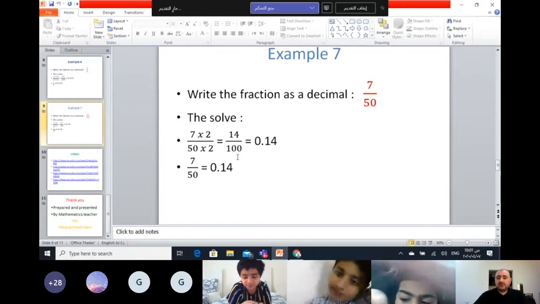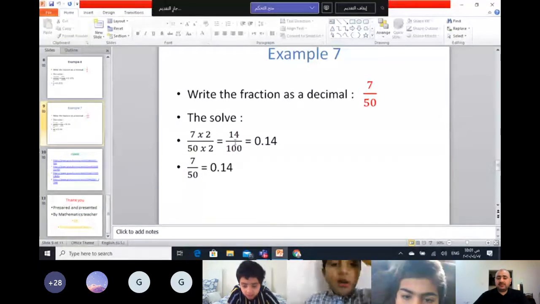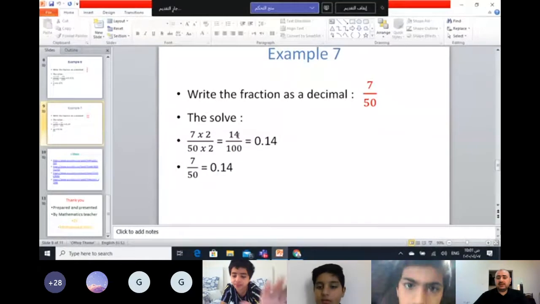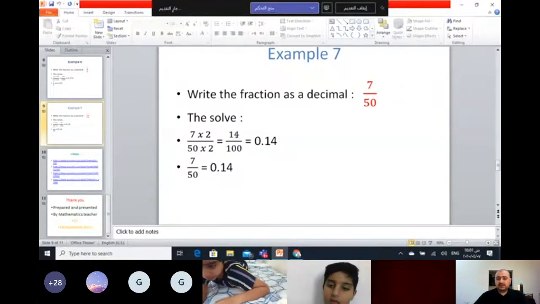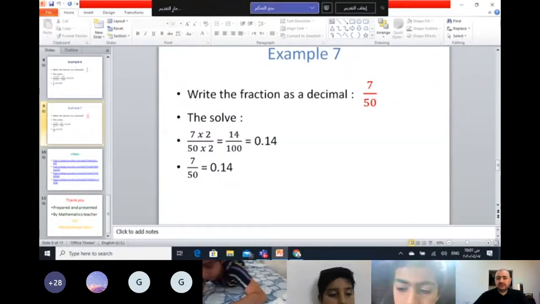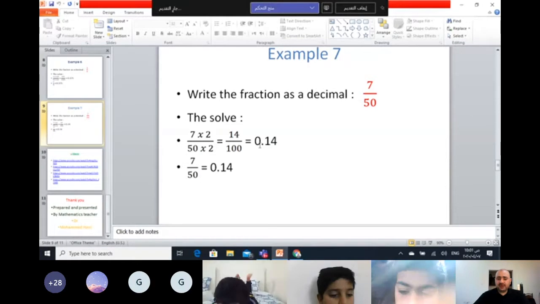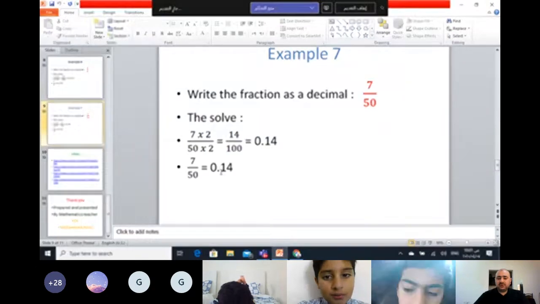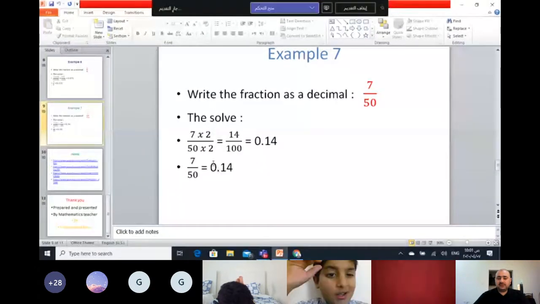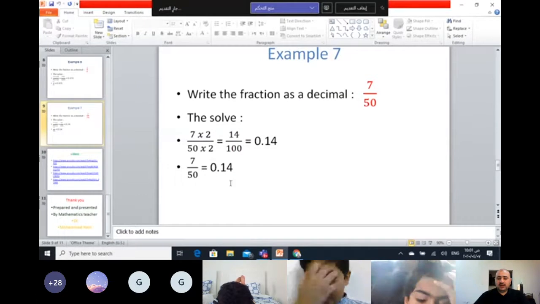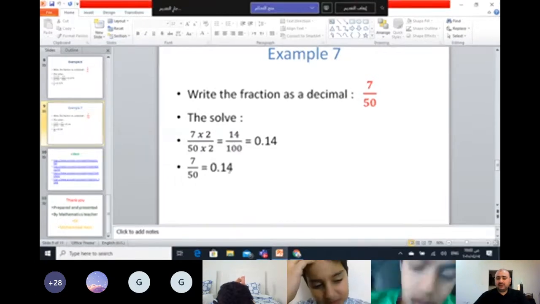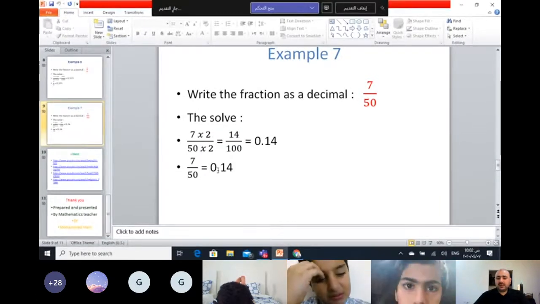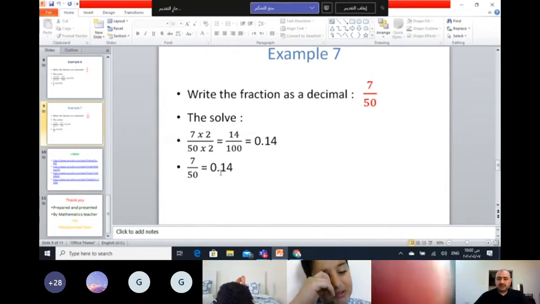So put 14 before the point, at the hundredths digit. So 1 4 before the point. Then here 0 because I don't have a whole number. So I can write now 7 over 50 equals 0.14. I can read this number as 0.14, or 14 hundredths.